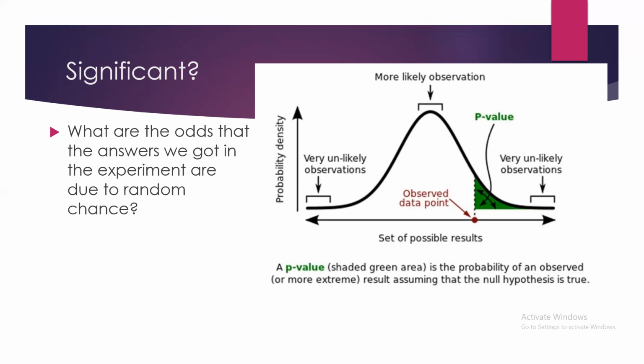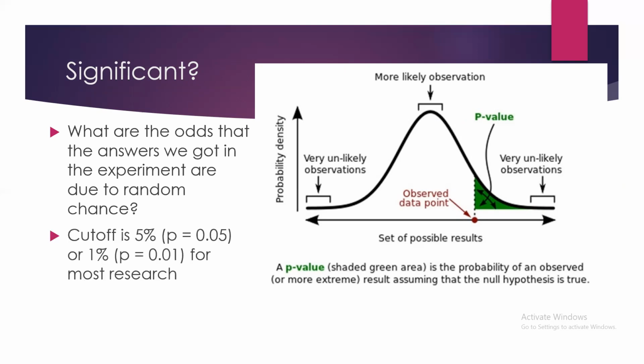We want to find something that is significant, not something that was just a little off from the more likely observations. The cutoff for most research papers is 5%. That would be p equaling 0.05, or 1% for something that is strongly significant.